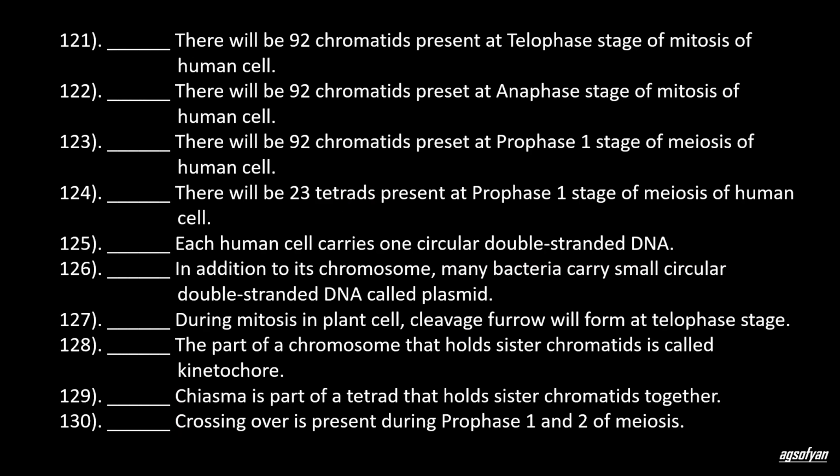Remember, in the telophase, the chromatids will be no more, because chromatids are only present at prophase and metaphase. When it is divided, its chromatids become chromosomes, which is in the anaphase and telophase. So telophase will not have chromatids. It is false.